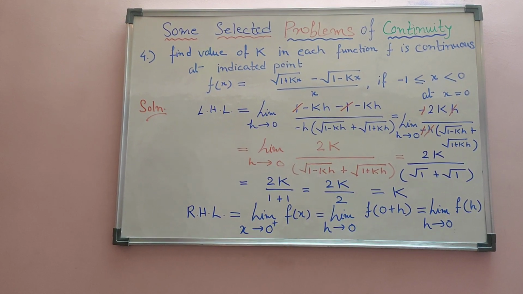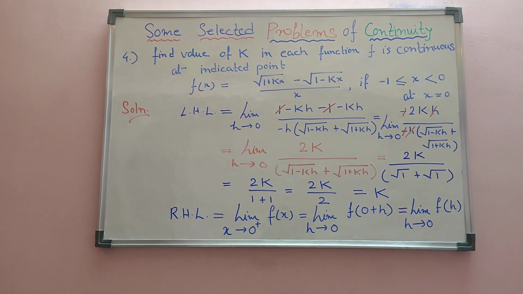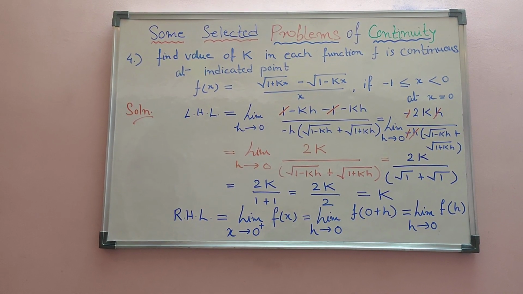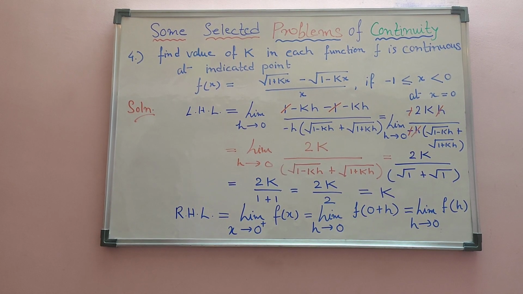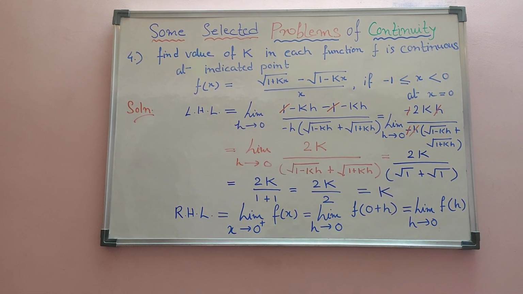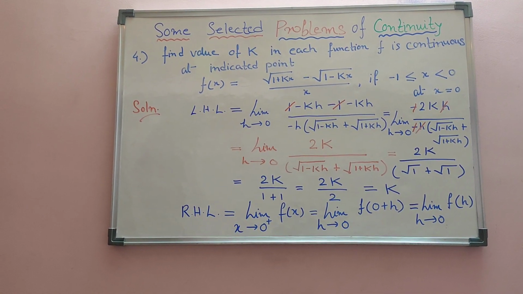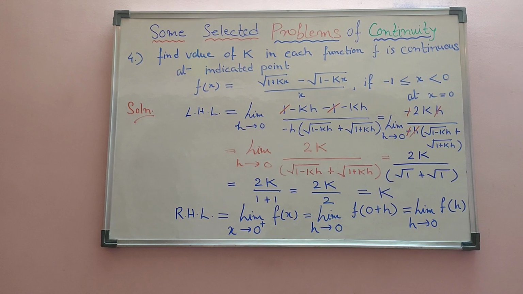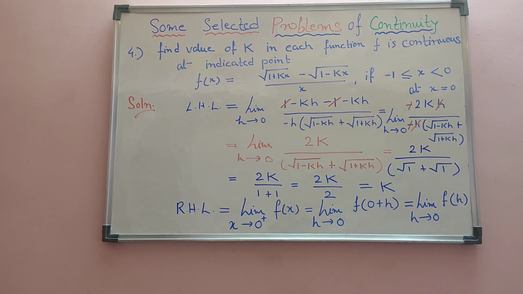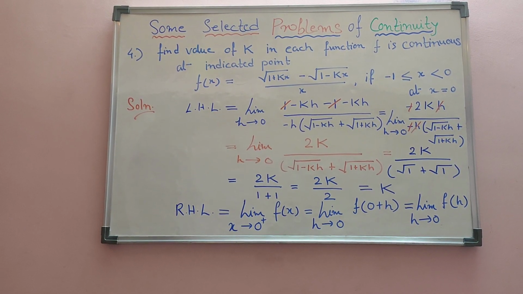Now we have to find the right hand limit. For the right hand limit we take limit x tends to 0 plus, because we have to find that the function is continuous at x equal to 0. So limit h tends to 0 when we change x to h. In place of x we write 0 plus h. You know 0 plus h is just h. So limit h tends to 0, f of h. Now what will we do?